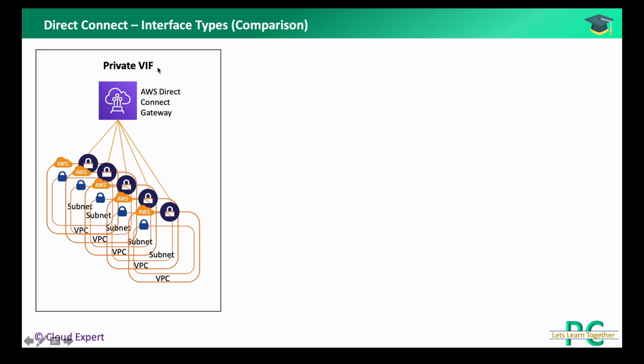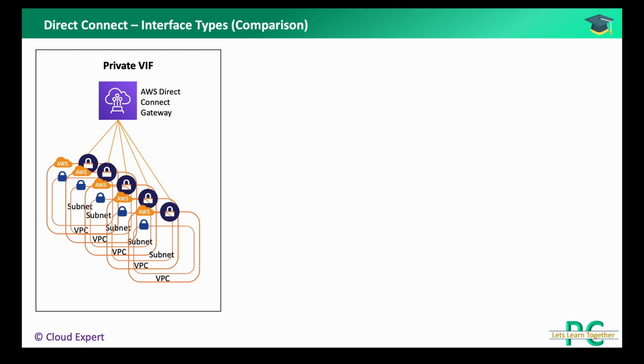The first one is private VIF. As I told earlier, with a private VIF you can connect directly or you can use a Direct Connect gateway. If you are using a Direct Connect gateway, at most you can connect 10 VPCs with one private VIF. If you are not using a Direct Connect gateway, you can connect only one VPC.